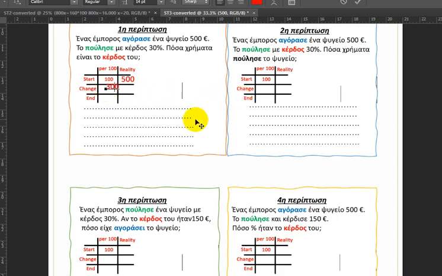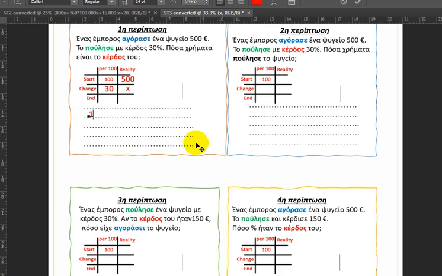My starting price is 500 and I'm paying 30% more, and I need to find out. It's not asking what the final price was. It's asking how much more money he sold the fridge for.